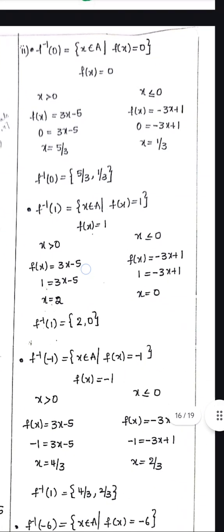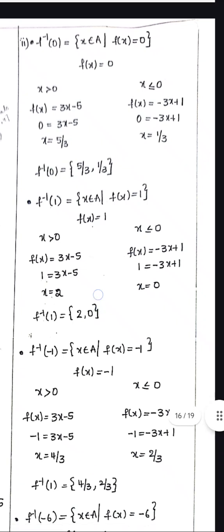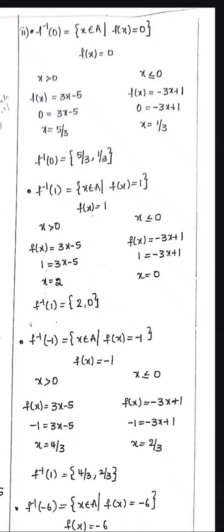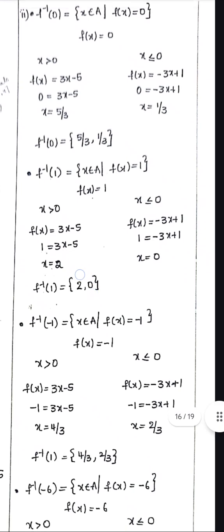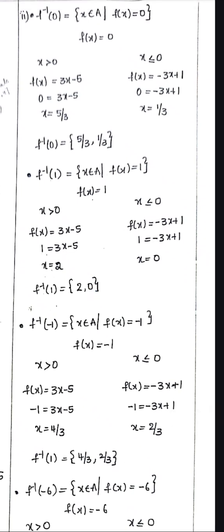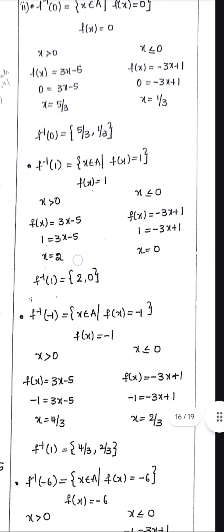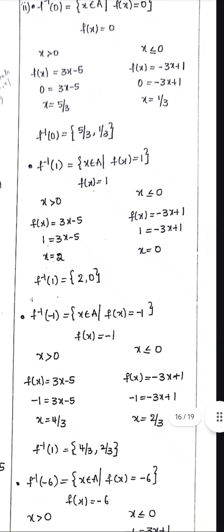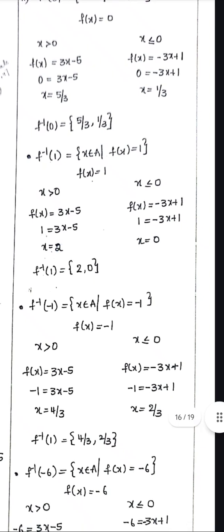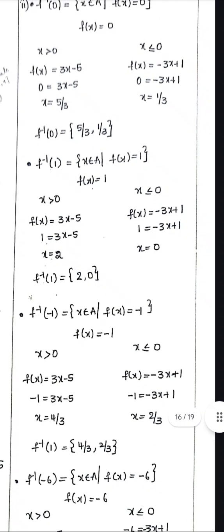Let us consider f of x is 0. So let us consider the two conditions where x is greater than 0, and x is less than or equal to 0. f of x equals 3x minus 5. f of x we have taken as 0. 0 equals 3x minus 5, so x equals 5 by 3. Is it greater than 0? Yes, it is.